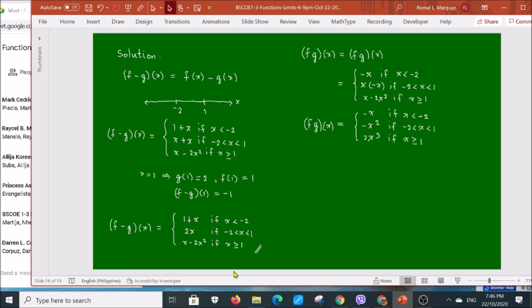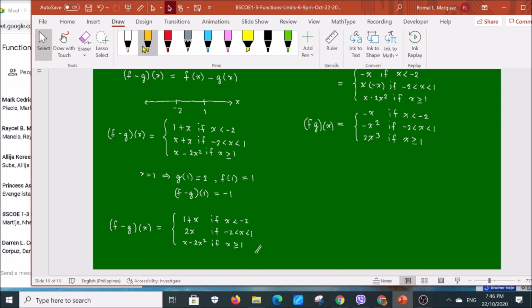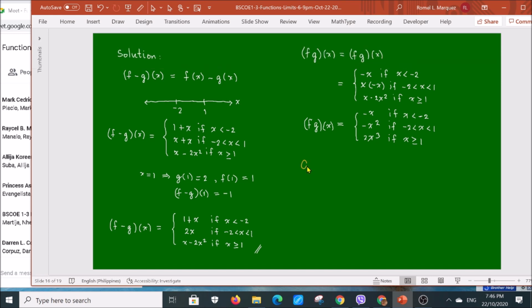Now, there is an important function very useful in calculus. I do not know if you had this. This is called the greatest integer function. So what is a greatest integer function, guys?